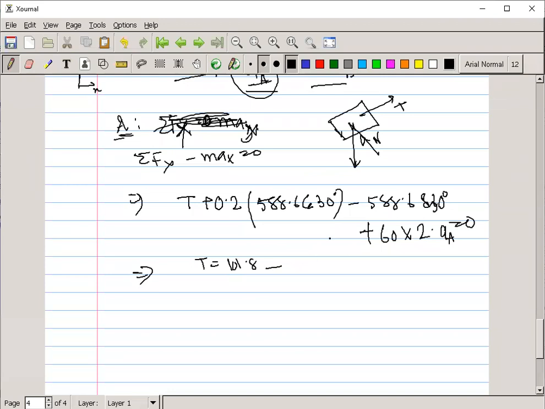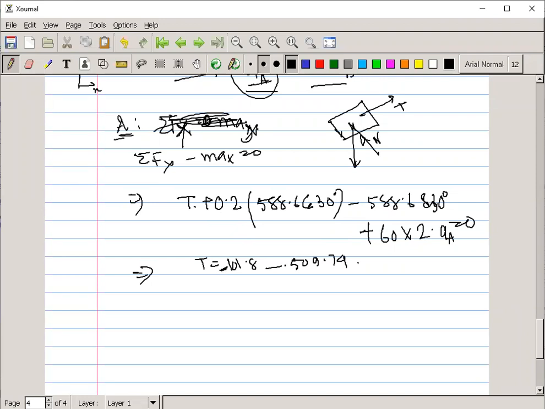It means 588.6 into cos 30. It is showing us 509.74.